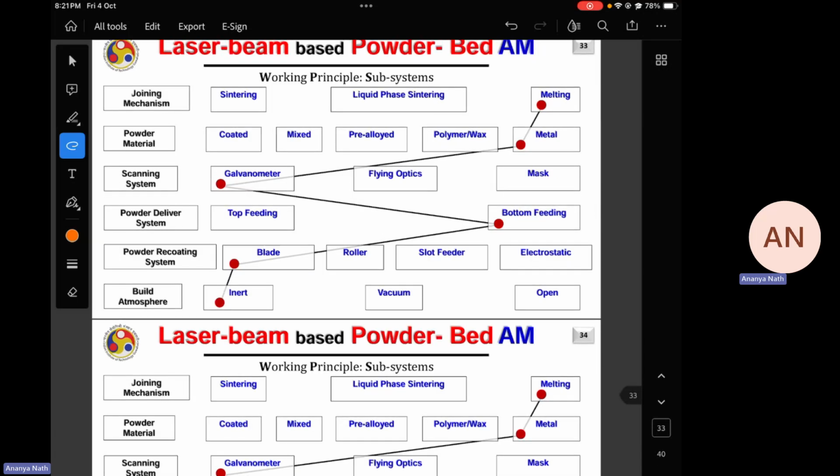So melting you'll find mostly with inert gas, because metals are more likely to get oxidized and affected by the gases present in the atmosphere, and are more prone to entrap moisture from the air, which will deteriorate the property and quality of the printing.